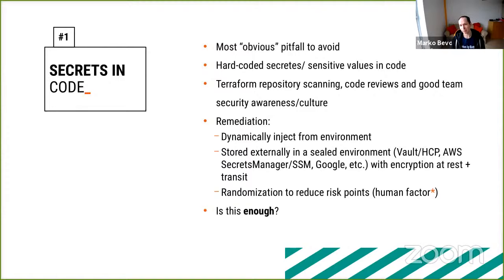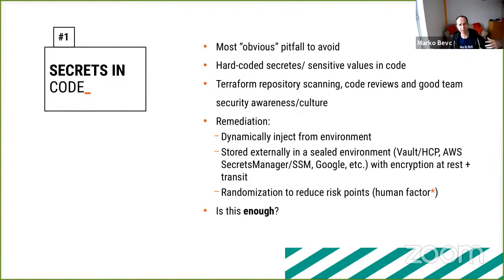And an additional step that I would like to mention, as an upgrade from just storing it externally in a safe sealed environment, is to try to randomize your sensitive values. We will have an in-depth look in the demo later on, but imagine provisioning a database somewhere.